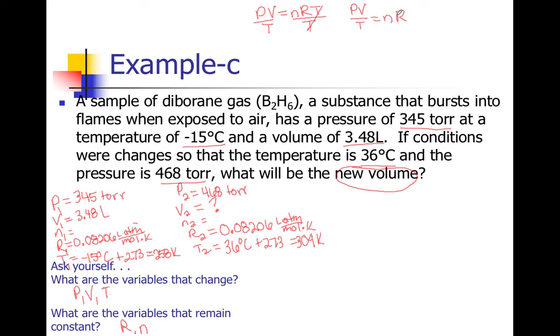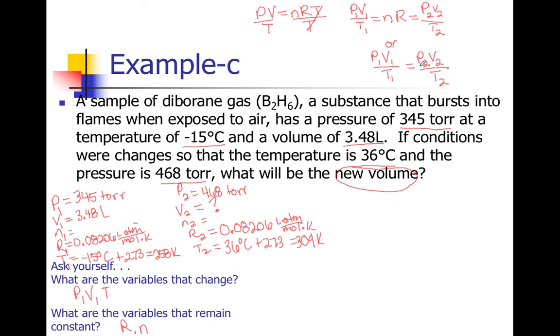And since NR is held constant in both, we can say that P1 times V1 divided by T1 is equal to NR, but that is also equal to P2 times V2 divided by T2. Or we can write this as P1 times V1 divided by T1 is equal to P2 times V2 divided by T2.